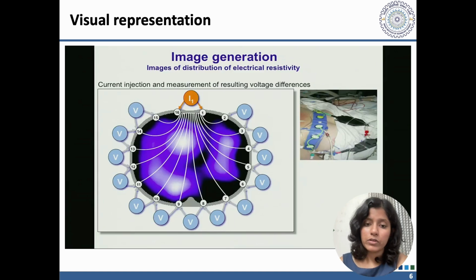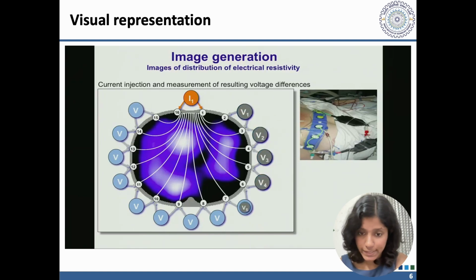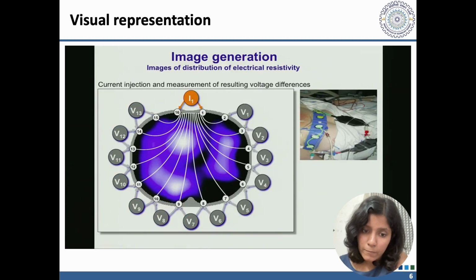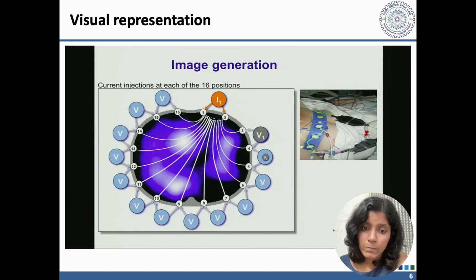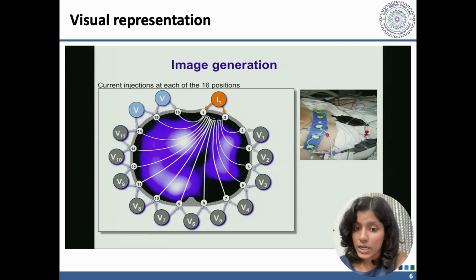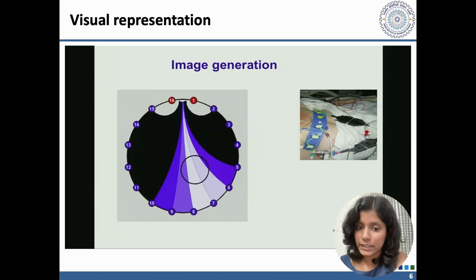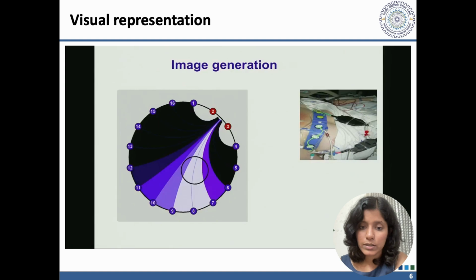Here we have the visual representation of the forward and inverse problem. As we can see, the current is injected between electrode number 1 and 16, and then the voltage readings are taken for the other adjacent pairs of electrodes. Then we can see that the current is now provided between electrode number 1 and 2, and the voltage readings are taken for the other pairs of electrodes.